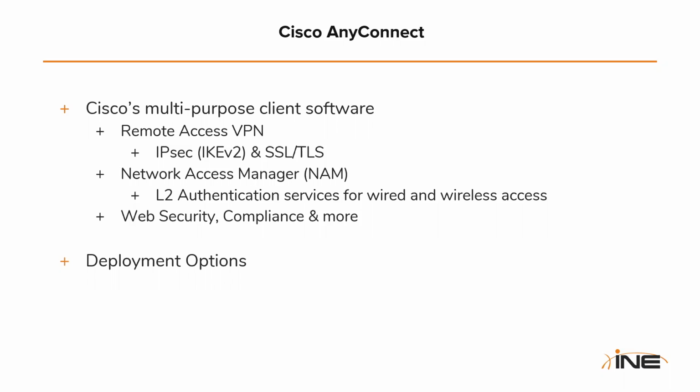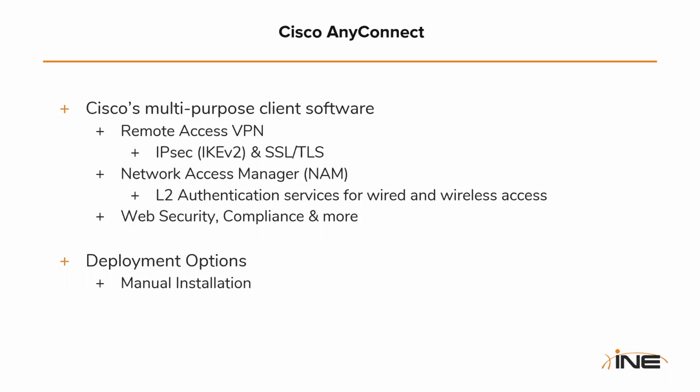Okay, now the way that we will be deploying AnyConnect for our purpose, there are actually two ways to do this. You can download the software from Cisco's website or from any other place where Cisco made it available. I think you can also access AnyConnect on the Microsoft Store and possibly a few other places. As long as you download the software, you can obviously install it manually on the user workstations.